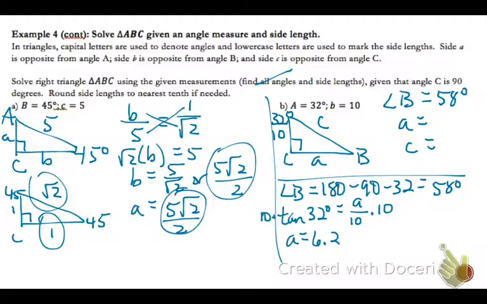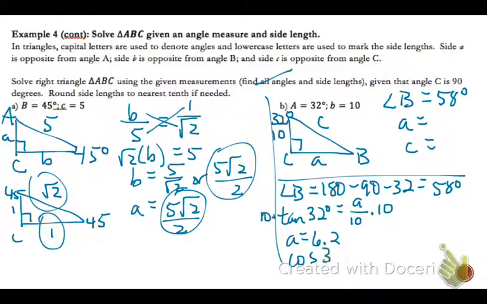Now to find side C, let's use another trig ratio. So we know that 10, compared to the angle of 32 degrees, is adjacent. So we've got adjacent, and side C is the hypotenuse. So the trig function that uses adjacent and the hypotenuse is the cosine.